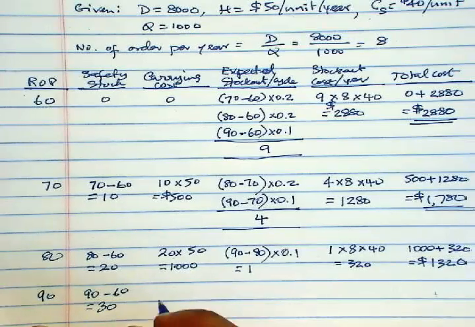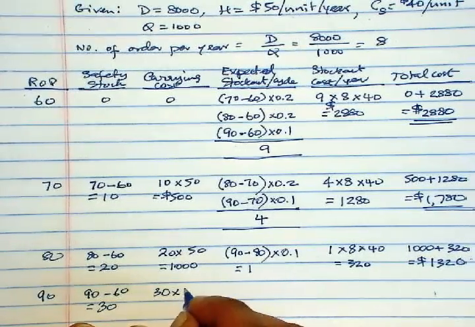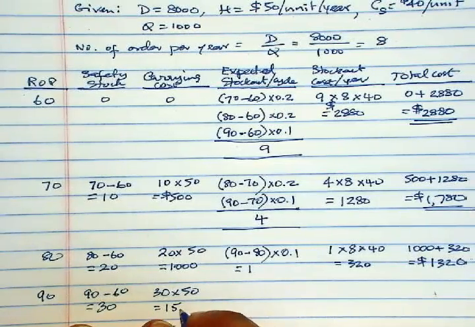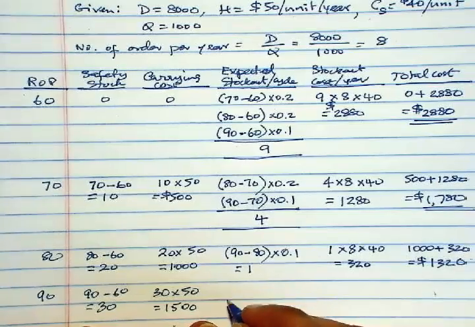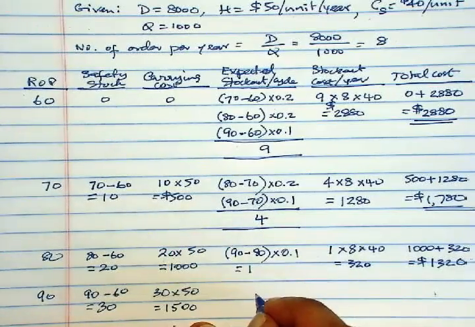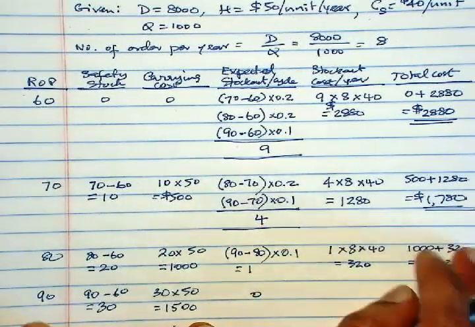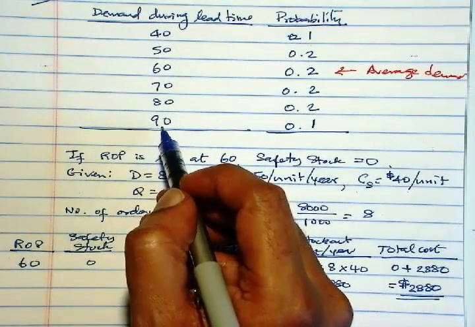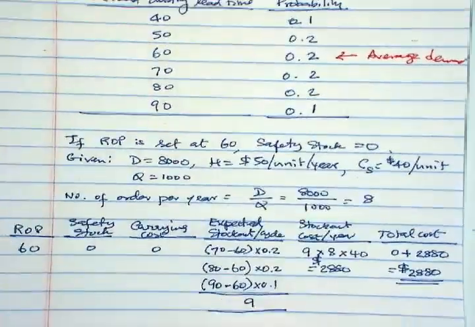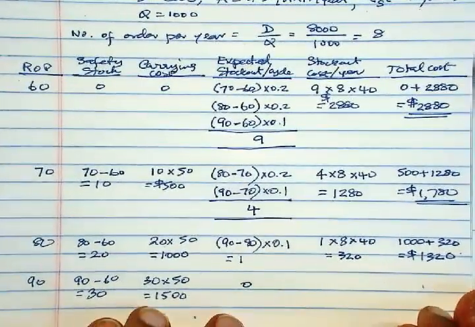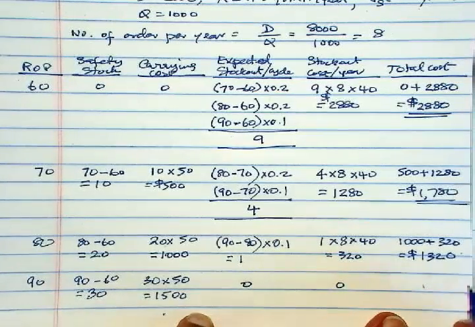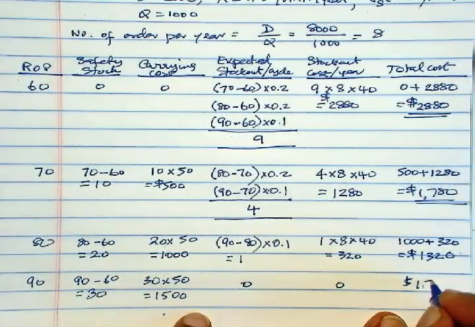So 30 is your safety stock. 30 times 50 is 1,500. So that's your carrying cost, and there is no stock out at all, because if you set ROP at 90, whatever the demand may be, you will be able to satisfy the demand. So there will be no stock out cost. So this cost is going to be 1500.